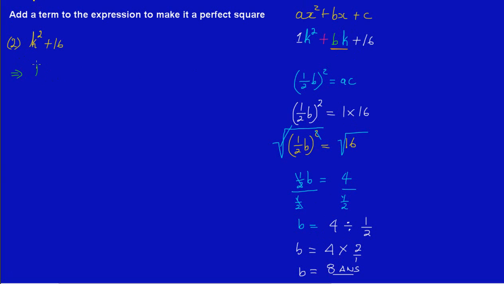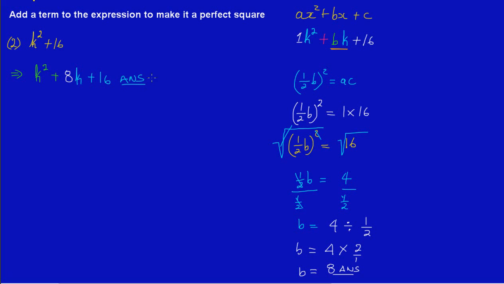So I have k squared plus, I found my b is 8, so 8k, and I've already had my 16, plus 16. And that's my answer.